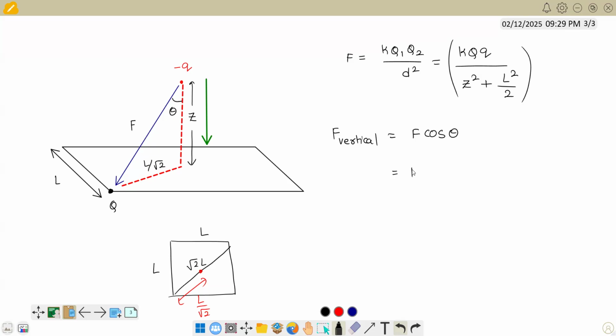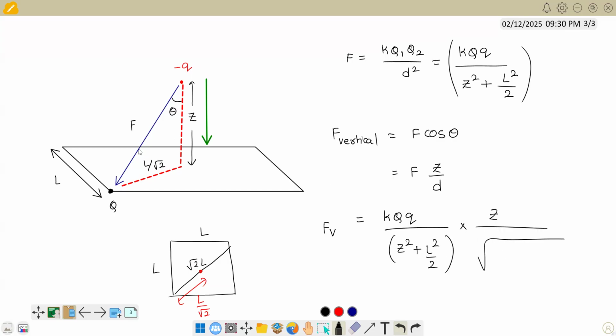So we can write F into cos theta is z by d. If I substitute everything, we will get F vertical equals k q square divided by z square plus L square by 2, into z by root of z square plus L square by 2. So finally, what would be the net force? There will be four vertical components that would be adding.